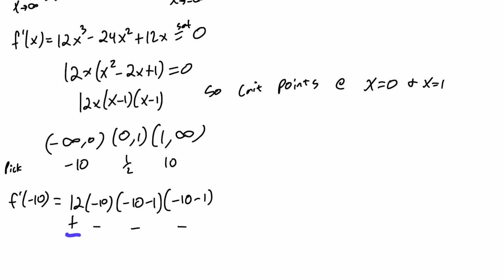So we have a positive times a negative times a negative times a negative, which will be negative. It'll be less than 0. And of course, if you want to, you can run this calculation: 12 times minus 10 times minus 11 times minus 11. It's a thing. But the important part is that we can just tell that this is negative.